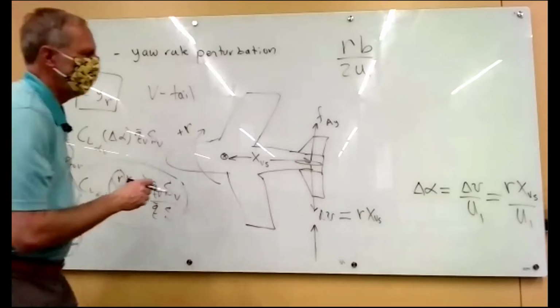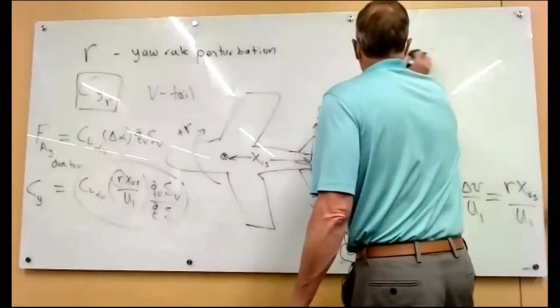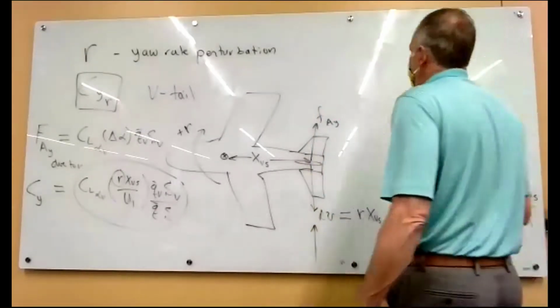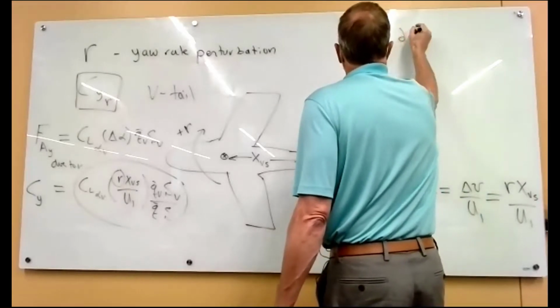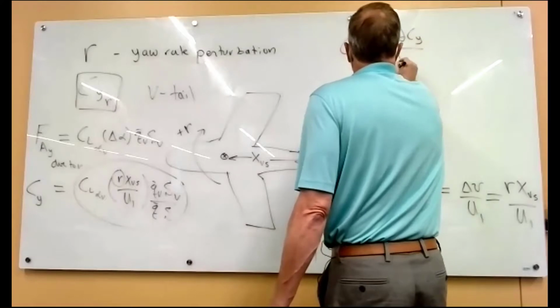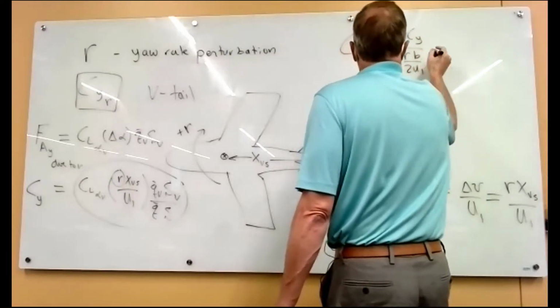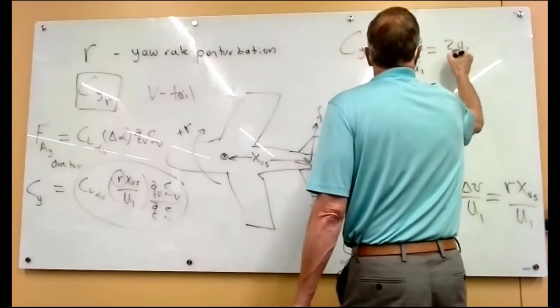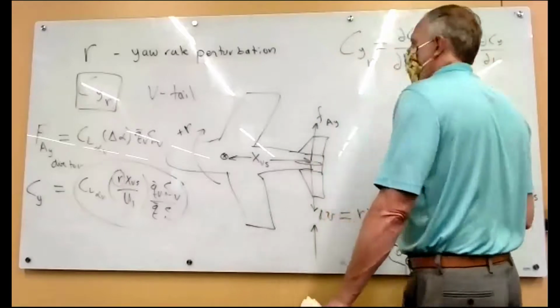So let's see, I need a little more room, so let's jump up here. We have to remember that CY subscript R means the derivative with respect to RB over 2U1, so that gets us this stuff outside like that, right?